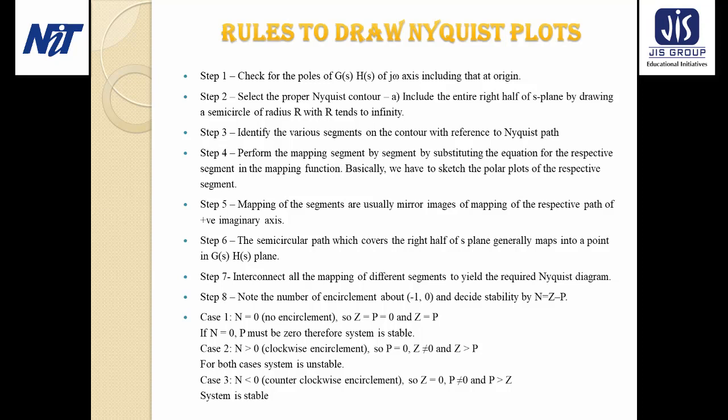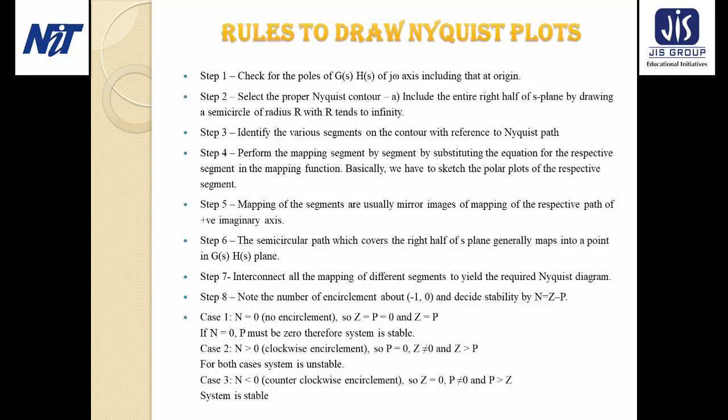So, first check the steps. First, we need to find out the number of poles of G(s)H(s) on the j omega axis, including the origin or not. Next, we need to find out the proper Nyquist contour.